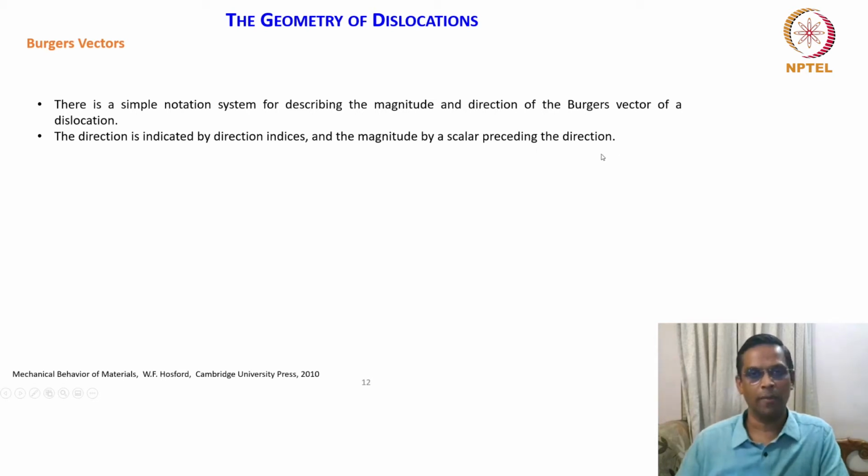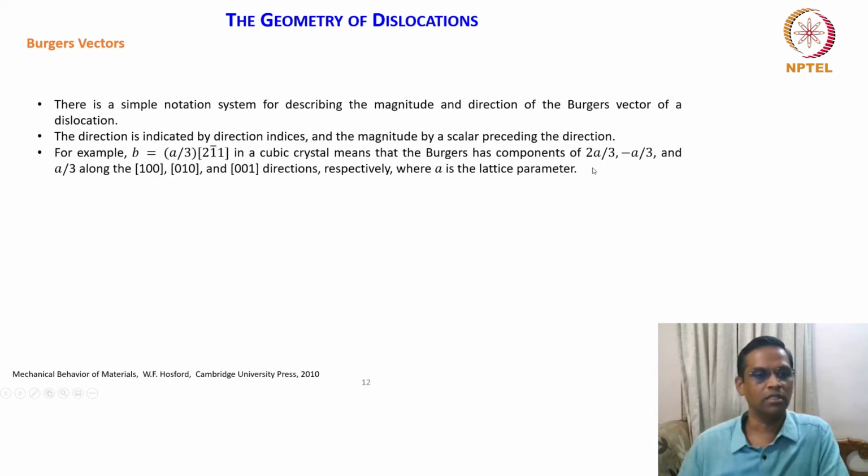For example, if the B is given as a by 3 times the 2 bar 1 1 direction in a cubic crystal, it means that the Burgers vector has components of 2a by 3, minus a by 3, and a by 3 along the 100, 010 and 001 directions respectively, where a is the lattice parameter.